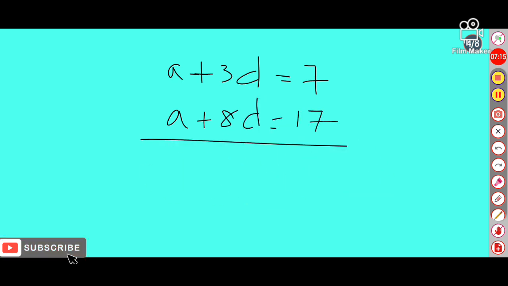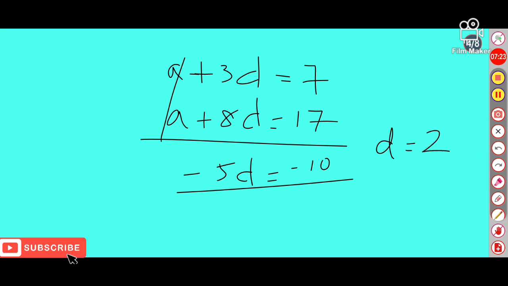Now when you simplify, we get minus 5d equals minus 10. Therefore the value of d is 2, and the value of a is 1 when you substitute in the equation. We got the value of a and the value of d. Now we need to find the value of Sn.